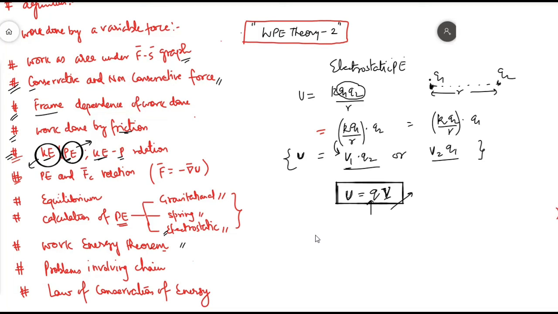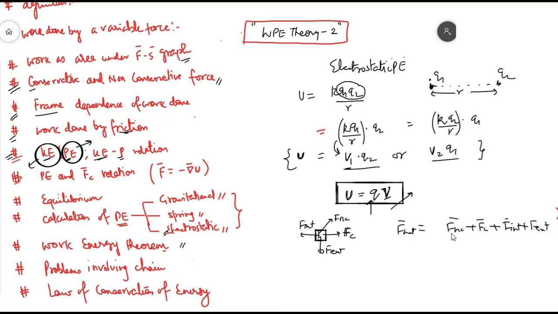So suppose on a body we have some forces Fc, that is F conservative, some non-conservative force Fnc, some internal force F internal, and some external force field F external. So the net force is going to be Fnc plus Fc plus F internal plus F external.